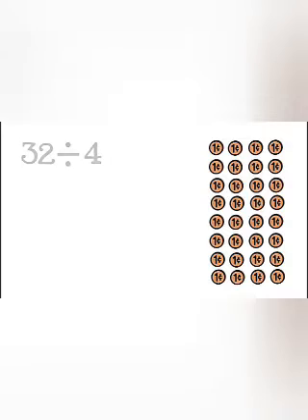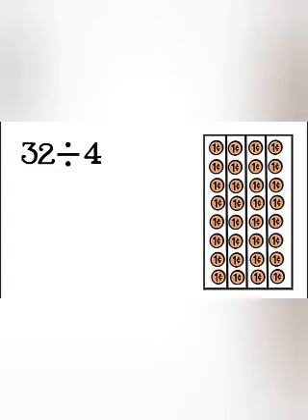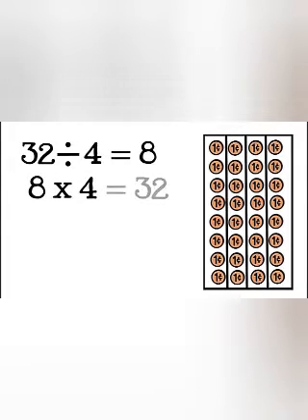Next, let's take 32 divided by 4. If we divide 32 into 4 equal parts, how many are in each group? 8. 32 divided by 4 equals 8. We can double check this and see if it makes sense by taking 8 times 4. 8 times 4 equals 32, so we know that 8 is the right answer to the question 32 divided by 4.